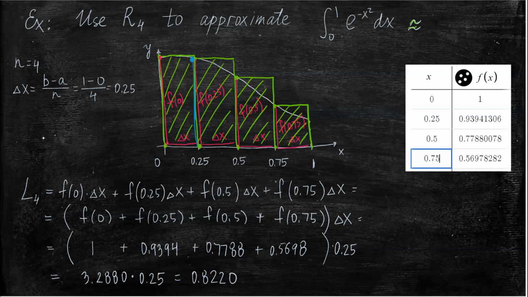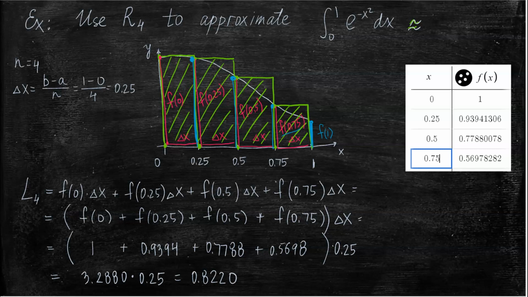So we're going to use this as the height of the first rectangle, this as the height of the second rectangle, this as the height of the third rectangle, and this as the height of the last rectangle. And as you can see, a lot of the numbers will repeat. However, now instead of the leftmost point, we're going to be using the rightmost point, which will produce f of 1.